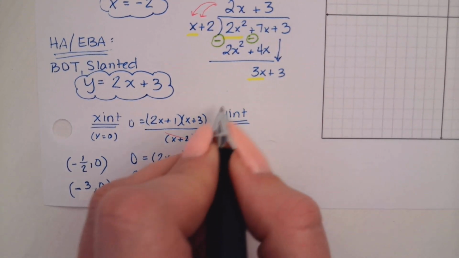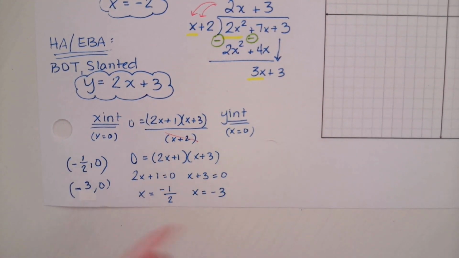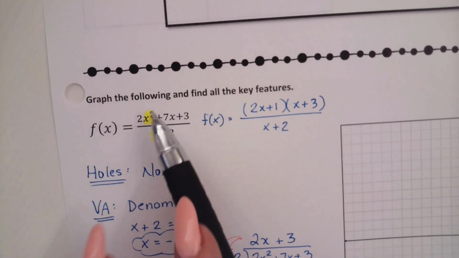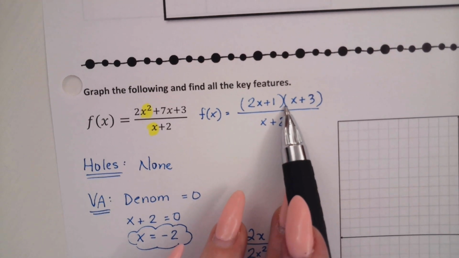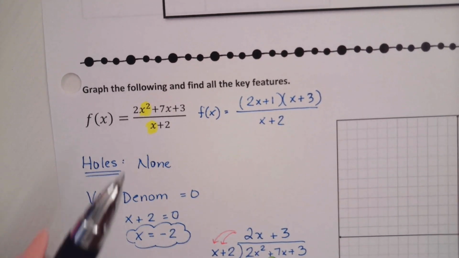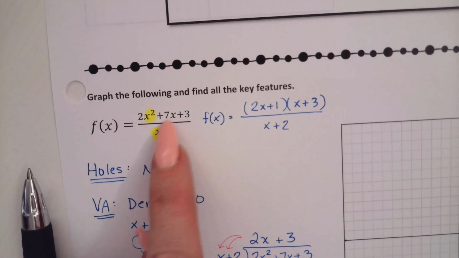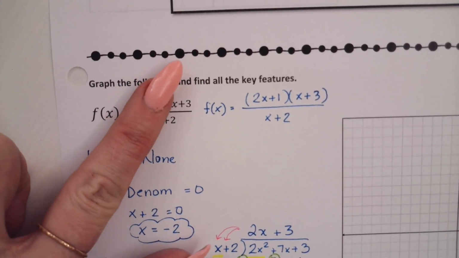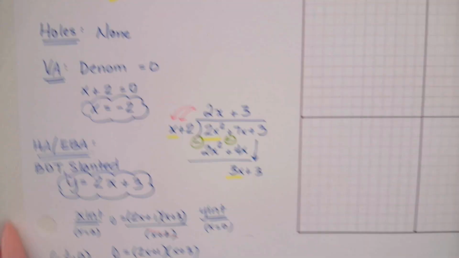Y-intercept, remember we can plug in what for what? 0 for x. Good. Do y'all think it's faster to plug it into the original or the factored one? It's easier to plug it into the original. Because think, everywhere you have an x, it's going to turn to 0. So it's literally just 3 over 2. But it doesn't matter.